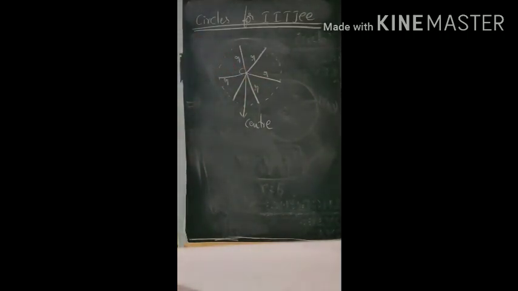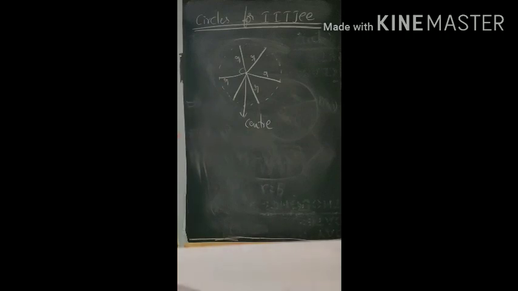The given point, that fixed point, we call the center of the circle. So the locus of a point in a plane which moves in such a way that its distance from a fixed point in the plane is always constant is called a circle.